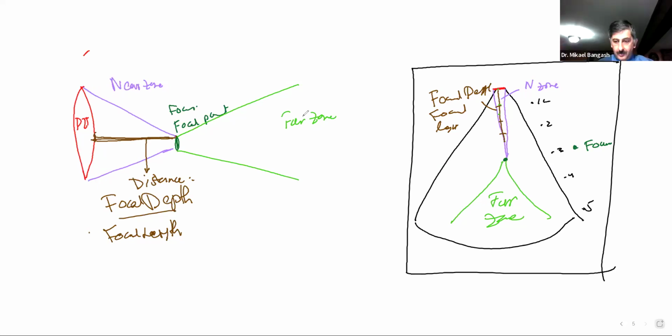Now, students, let's put together most of the things that we have learned so far. Let's say this was our PCT. This was the near zone.